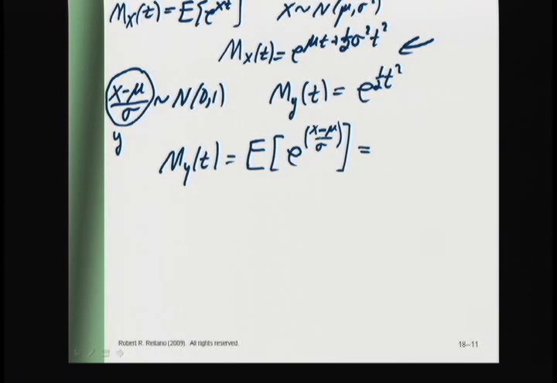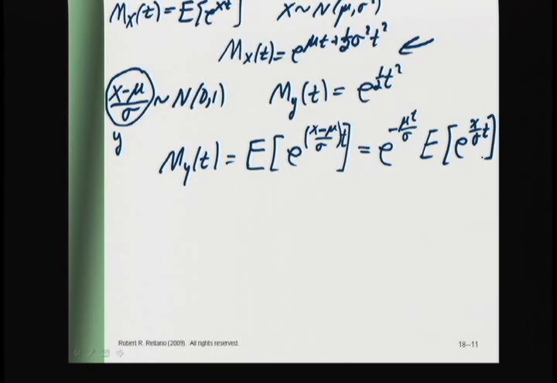I can split up the exponent of the exponential and factor out a constant, e to the minus mu t over sigma. That's a constant in the expectation because the expectation is relative to x. So I can factor that out as a multiplicative constant, and I'm left with the expectation of e to the x over sigma t.